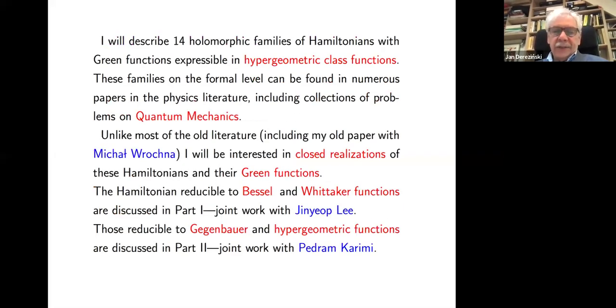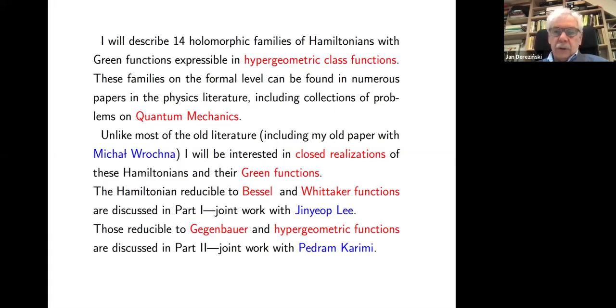I will describe 14 families of Hamiltonians with Green functions expressible in hypergeometric class functions. These families are on a formal level well known in the physics literature. In fact, if you look at a collection of problems in quantum mechanics, you will find most of them or even all of them.